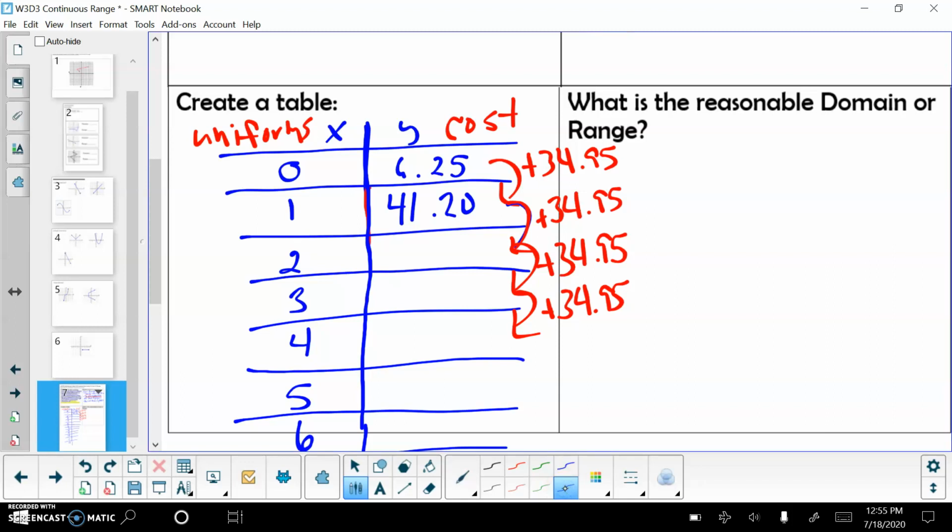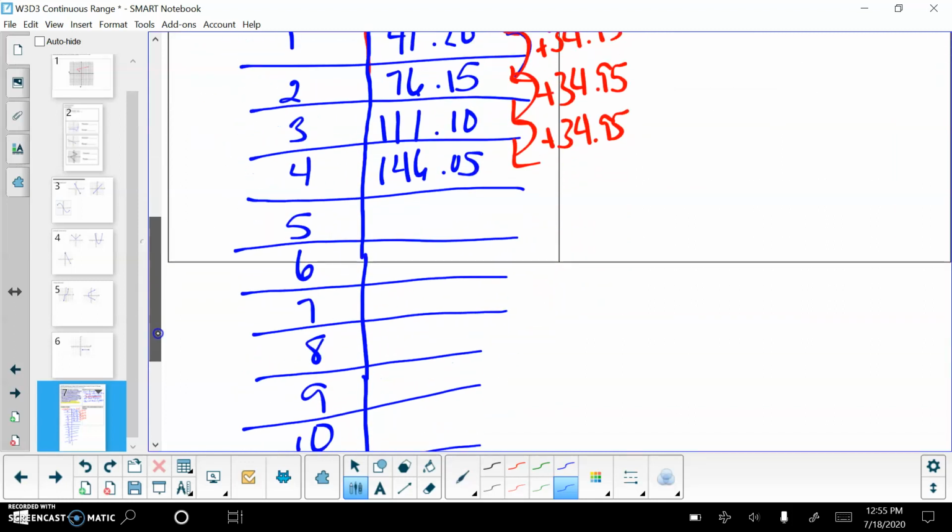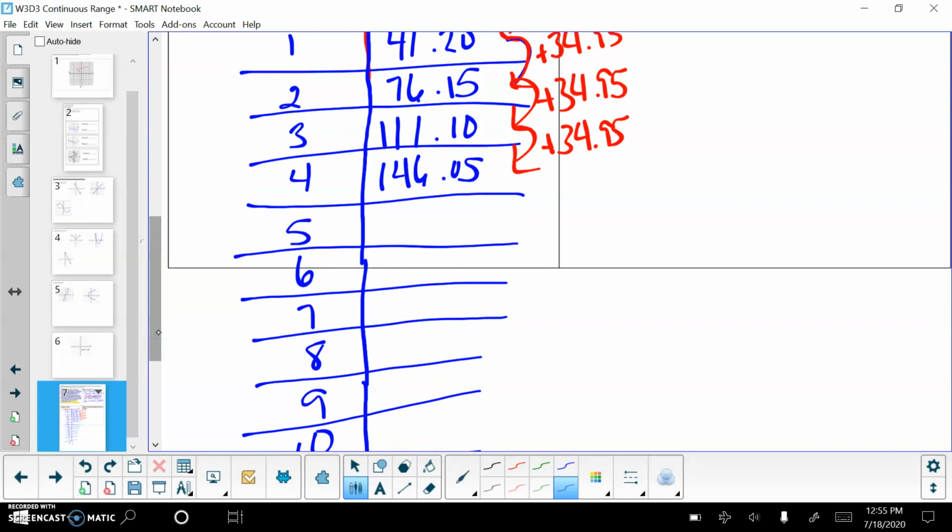So as you add this on every time, you just end up creating a table of values, which I'm just going to write down. If I add it on here for 2 uniforms, and then I add the $34.95 for 3 uniforms, and then I add it again, the $34.95 for 4 uniforms, and you just keep adding forward to build your table. I'm just going to keep building it out for you so you can see it.